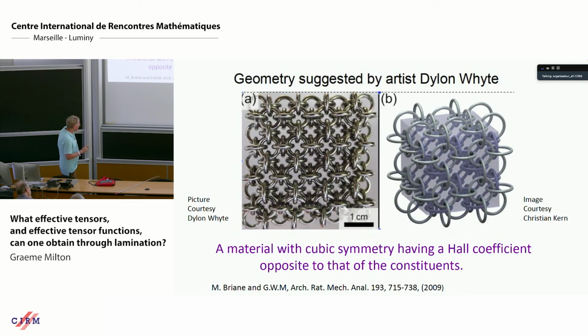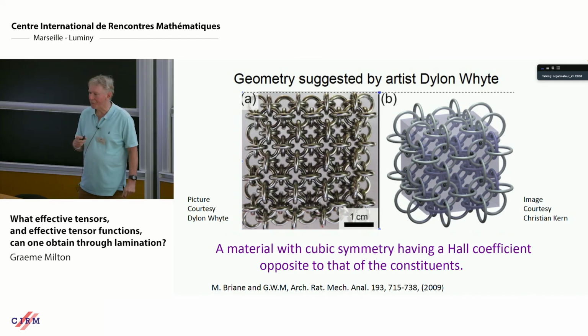We were interested in realizing this Hall coefficient reversal, and Marc Brion and myself came up with a 2-dimensional version which looked like interlocking rings and chainmail.